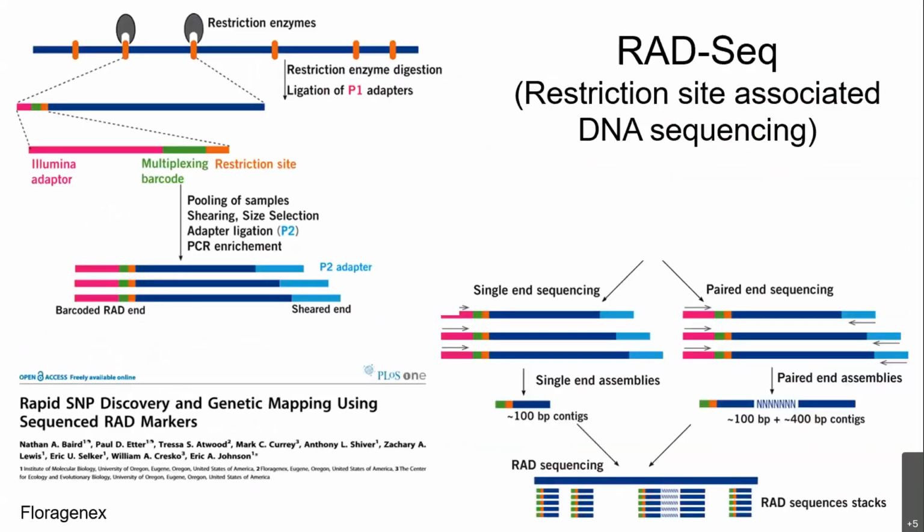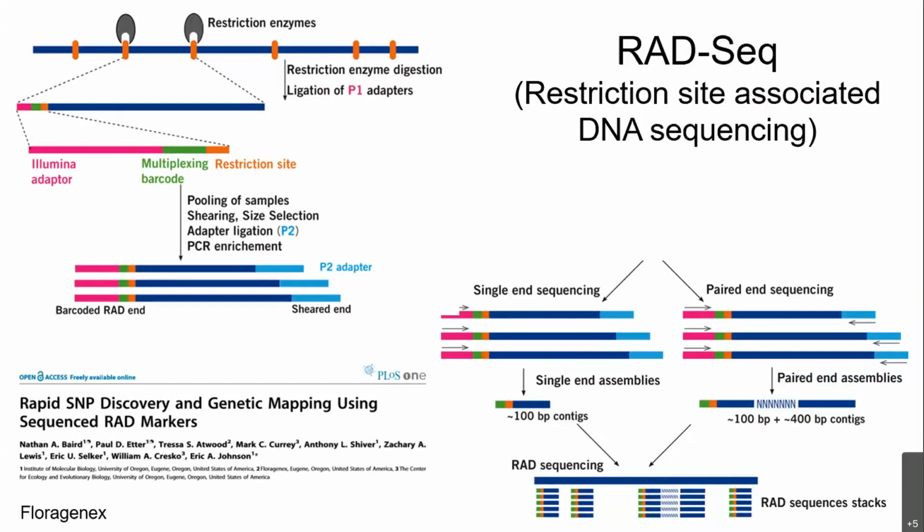If you're unfamiliar with RAD-Seq, here's a schematic of how that works. You have these restriction enzymes, the gray Pac-Man looking things at the top. We use double digest RAD-Seq, meaning we use 2 restriction enzymes. You can use 1, 3, 4, whatever you need. Let's say the genome is that blue line.